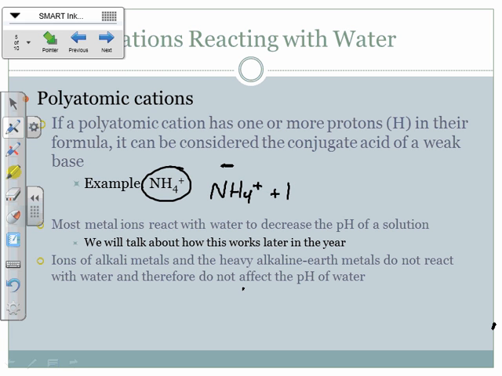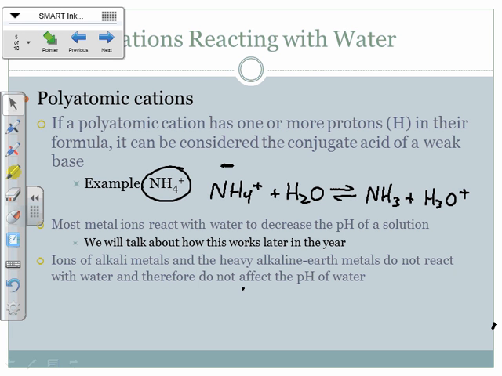When it reacts with water, it gives away a hydrogen to the water, making NH3 plus H3O plus. So you just have to remember that the NH4+ is going to act like an acid.